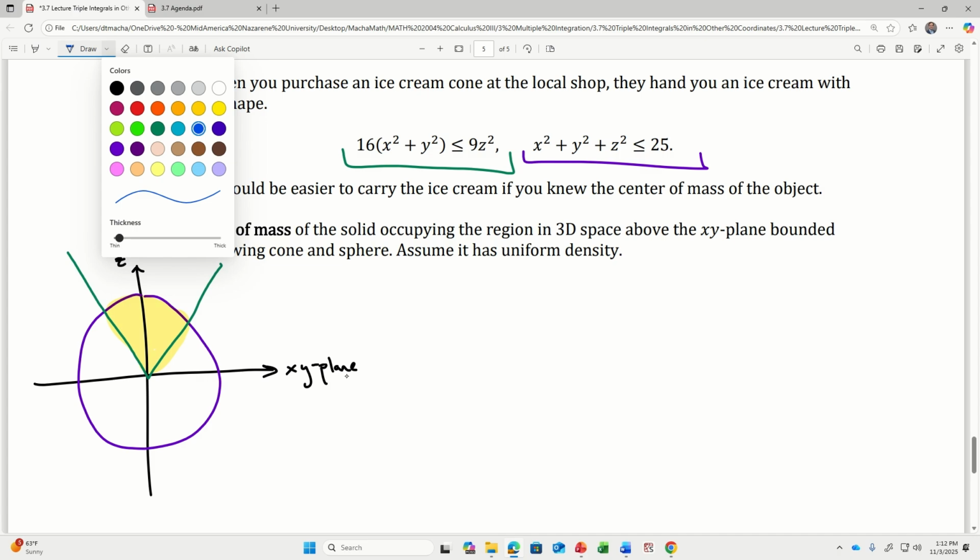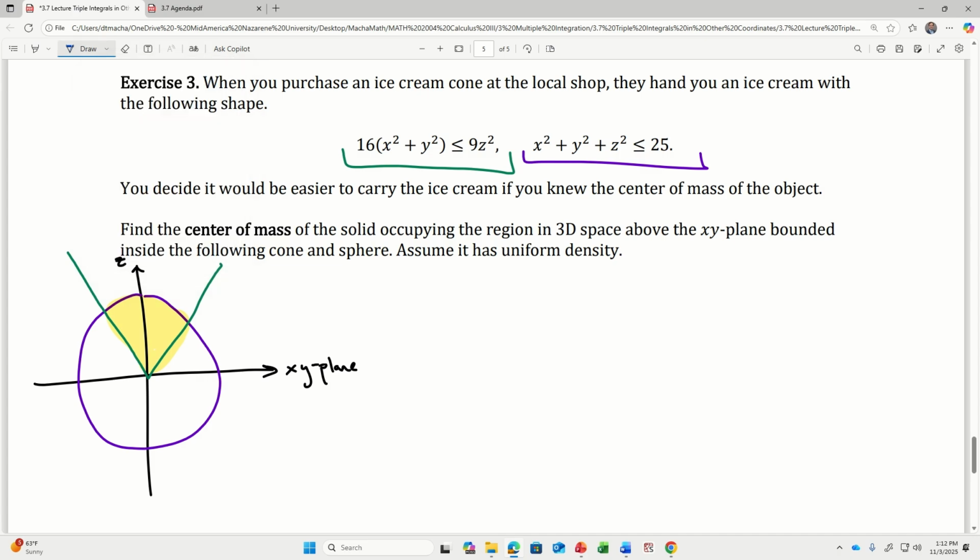So feel free to use your brain. Let me say that again. Feel free to think about the shape in just a geometric sense, just common sense reasoning. What are the symmetries here? I don't want to do more work than I have to. I'm not going to whip out the formulas where you have to use a triple integral of x times rho, and a triple integral of y times rho, and a triple integral of z times rho to find the x and the y and the z. Because, despite how poorly and lopsided I drew this, this is supposed to be symmetric.